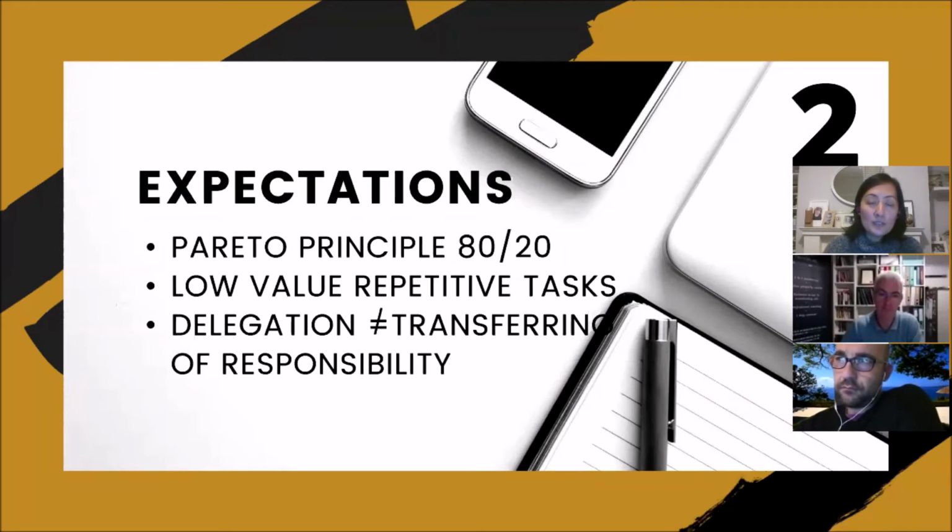I've heard stories, for example, where the VA was given the responsibility to close deals. That's not going to work because, first of all, Filipinos, while they can speak English, have an accent that's foreign to someone who is more comfortable listening to a British accent.